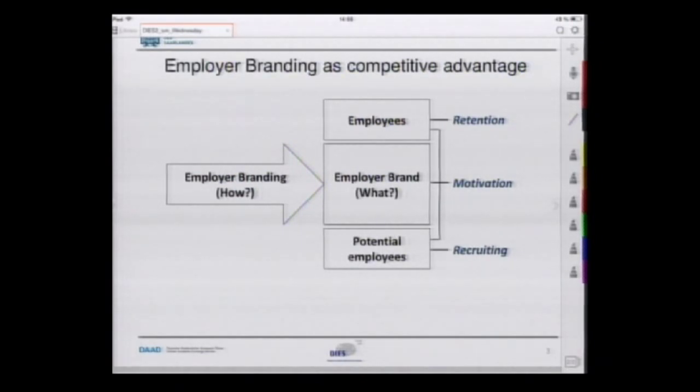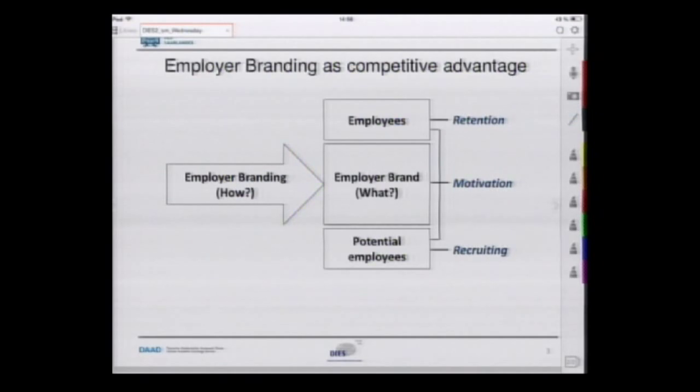Okay. What can we do to find out what our employer brand is? What can we do? Perhaps a little bit of feeling, what you have. How can you measure? One after another.